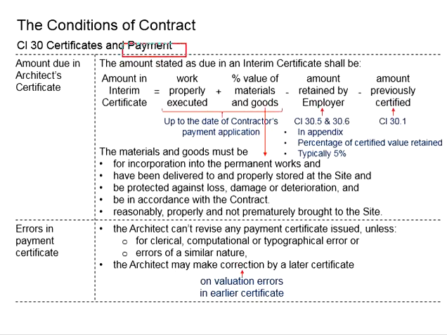Now, the amount stated in the interim certificate shall equal the work properly executed by the contractor plus the percentage of value of materials and goods, up to the date of the contractor's payment application, minus the amount retained by the employer, and also minus the amount previously certified.